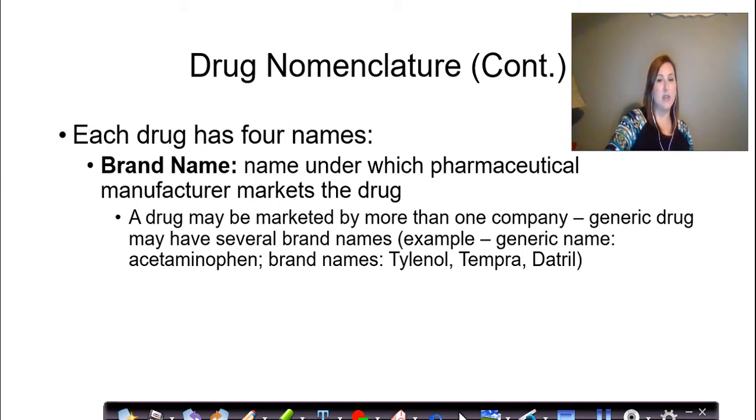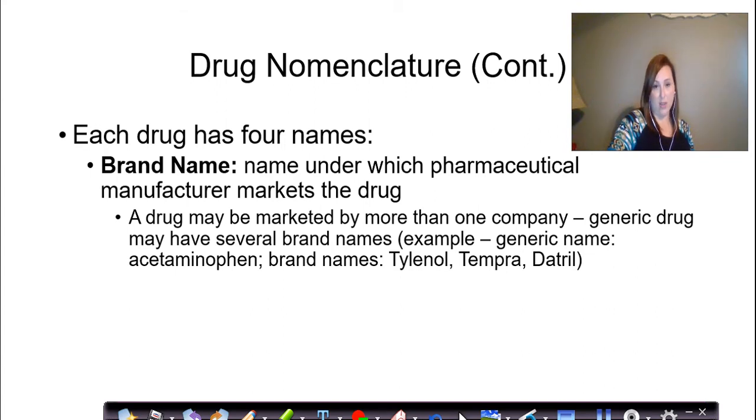If we look at acetaminophen, that is Tylenol. We know Tylenol is a brand name. We might hear Advil or Motrin for ibuprofen. You might hear Bayer or Ecotrin if we talk about aspirin. You might hear Amoxil for penicillin. Those are just some examples of generic and brand names. So the brand name would be Tylenol, the generic name would be acetaminophen.